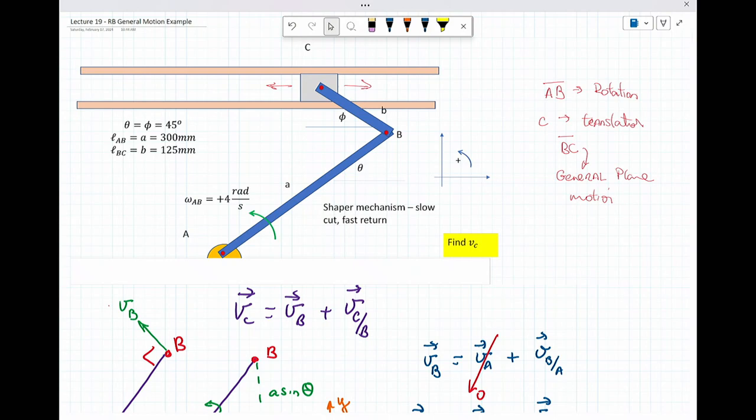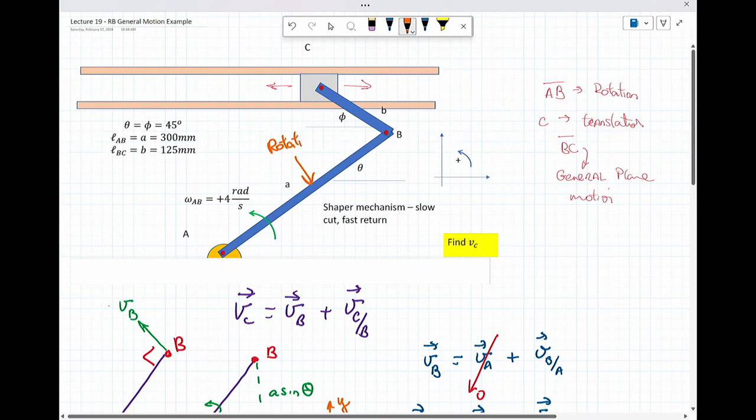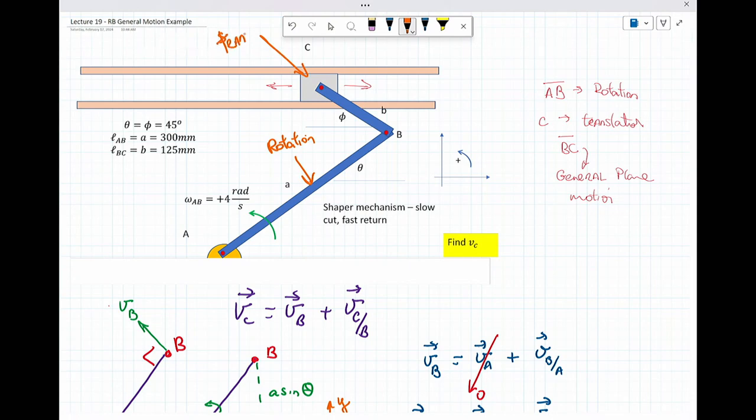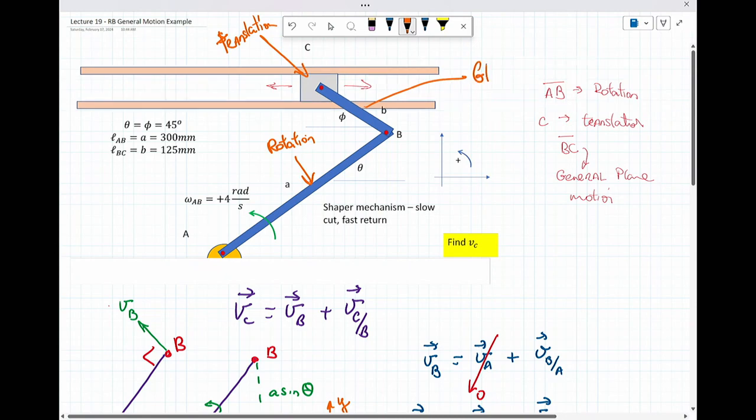So right now I have rotation, translation, and general plane motion. All of that is what you have to think about.